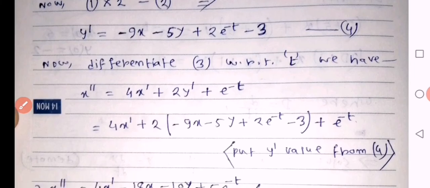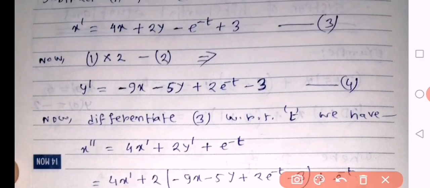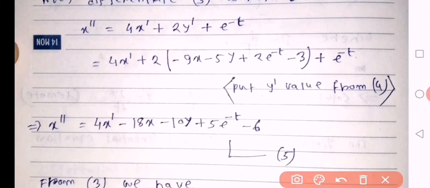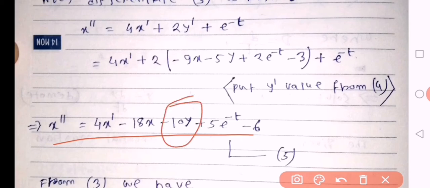Now differentiating equation number 3 with respect to t, we will get x double dash equal to this. Now substituting the values of y dash from equation number 4, we will get this. Then finally we will get x double dash equal to this. Now we need the value of 10y here.